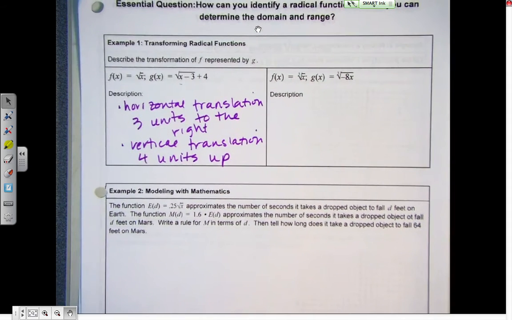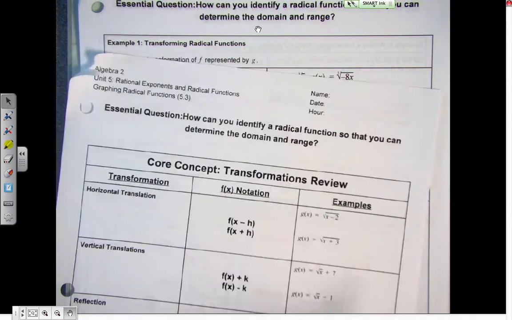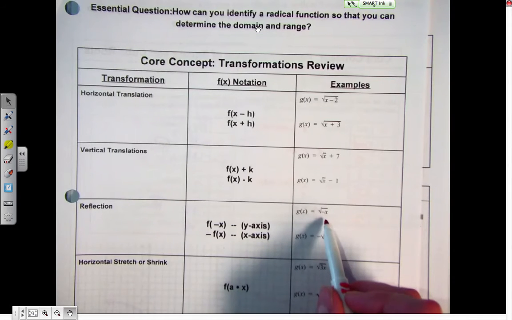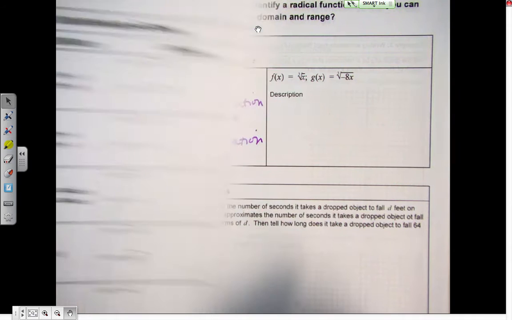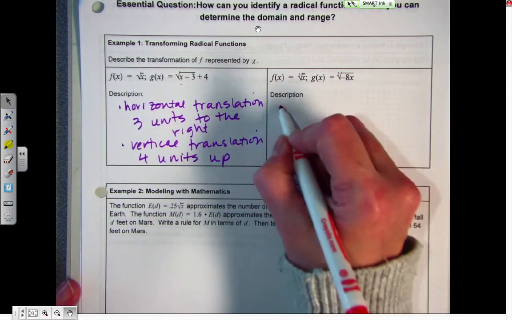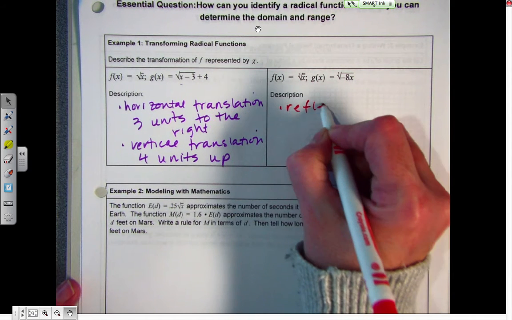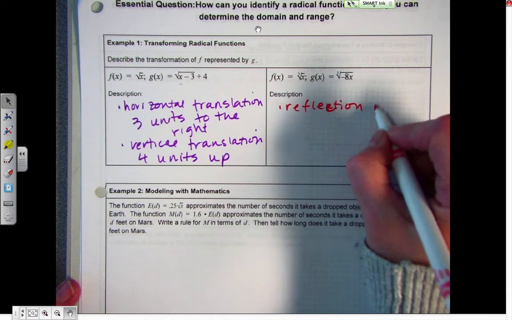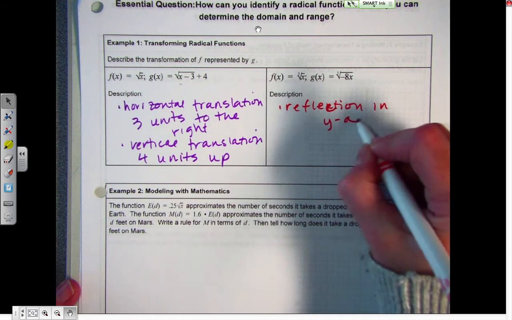So now we have f of x equals the cube root of x, and g of x equals the cube root of -8x. So under the root sign, we have the -x. When the negative is on the inside, we have a reflection in the y-axis.